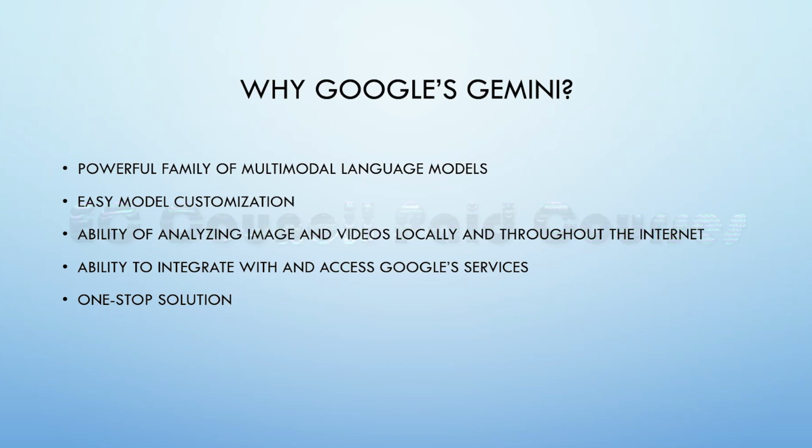Now, why Google's Gemini? Well, it's particularly just because it's a really powerful family of multimodal language models. As mentioned before, it has some capabilities that have not been seen before, for example, video analysis, at least for most language models that are currently already out. And because it's already embedded within the Google ecosystem, there are a lot of things that you can integrate and access.